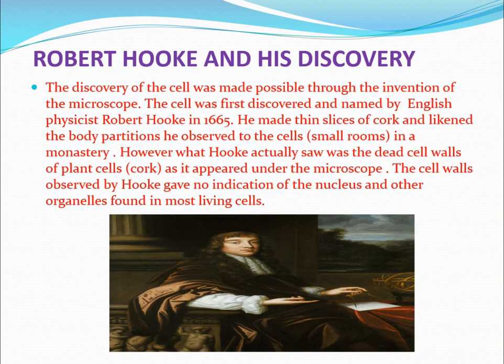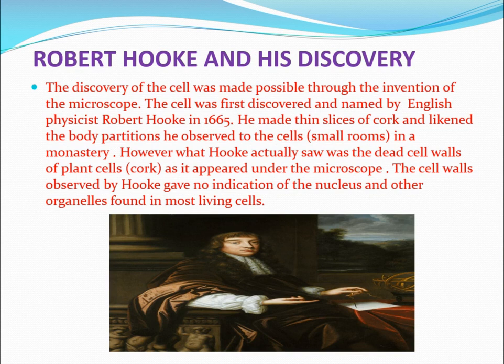Cork is basically the tree trunk, the hard woody part of the tree. That part is dead in nature, so he was unable to see any kind of organelle or nucleus or other parts of the cell.